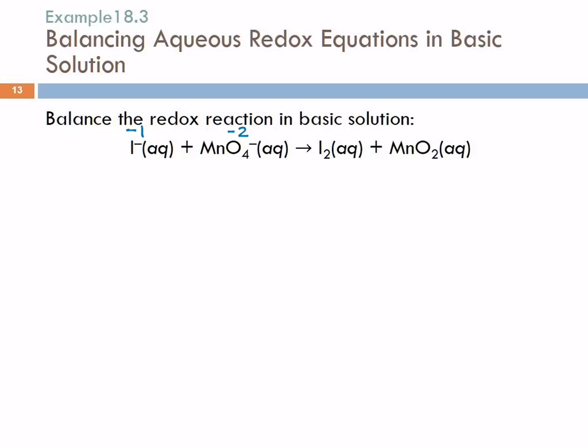And so then what is the manganese? +7. We did that one before. What's the oxidation state for iodine as I2? 0. And MnO2, well, the oxygen gets to be -2, and then we figure out what the manganese is. Must be +4.